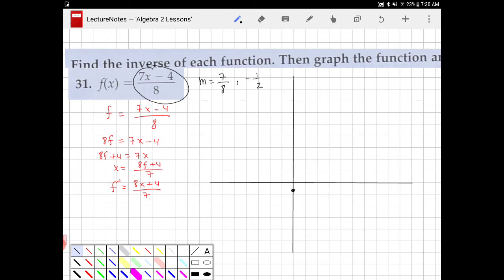So at -1/2, I want to go up 7. So it's going to be 1, 2, 3, 4, 5, 6, 7. And then I'm going to go over 8. So 1, 2, 3, 4, 5, 6, 7, 8.